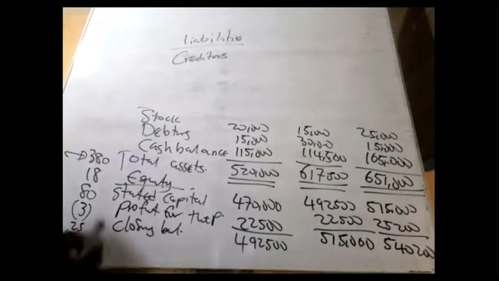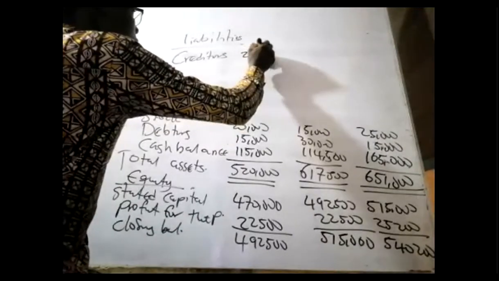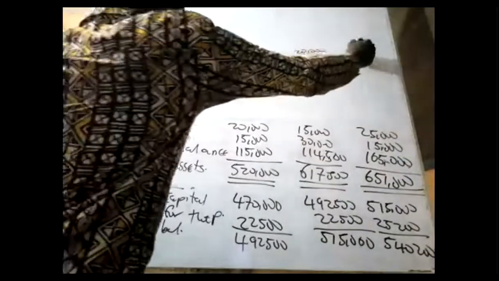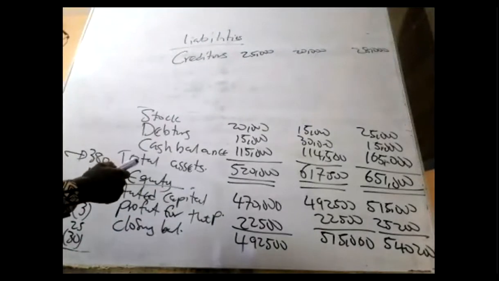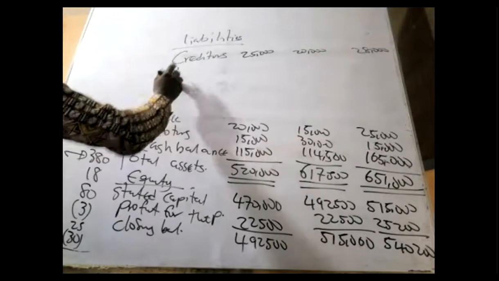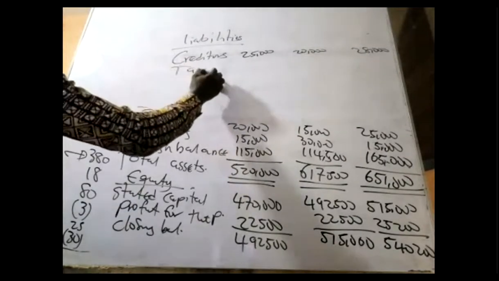Okay, so 25, 20, 28. Let's go to the next type of liability, the tax owing.